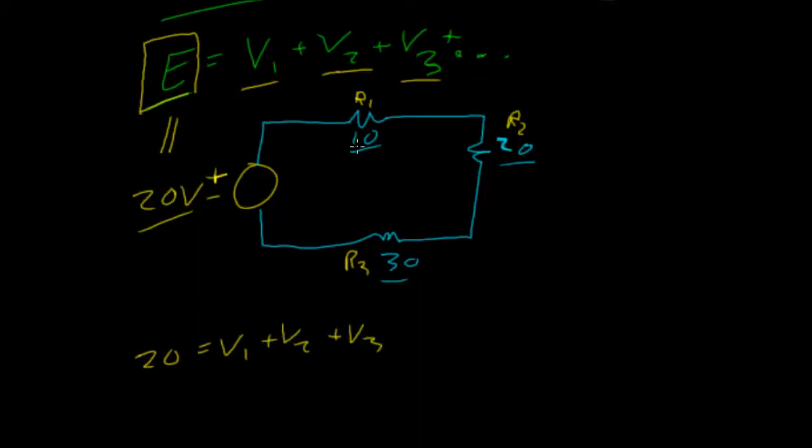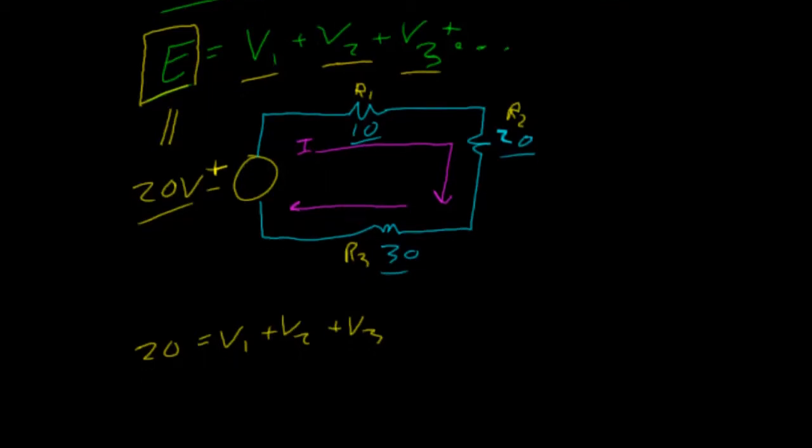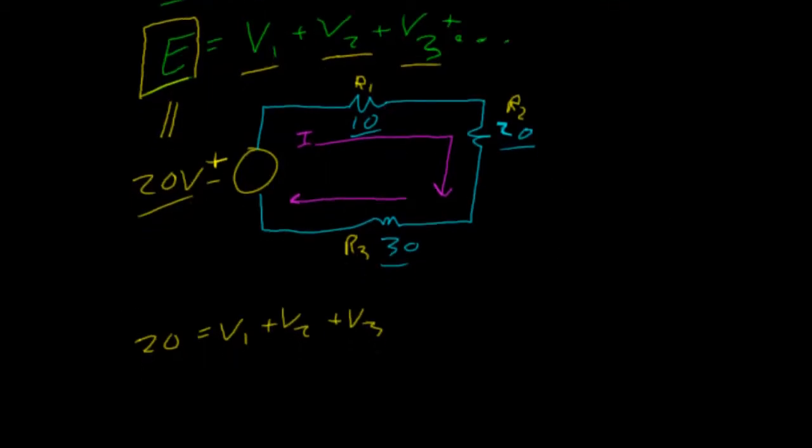Because this is a series circuit, we can add the resistors together to find an equivalent resistance and use that to find the current flowing. So the equivalent resistance in this case, 10 plus 20 plus 30, is 60 ohms.